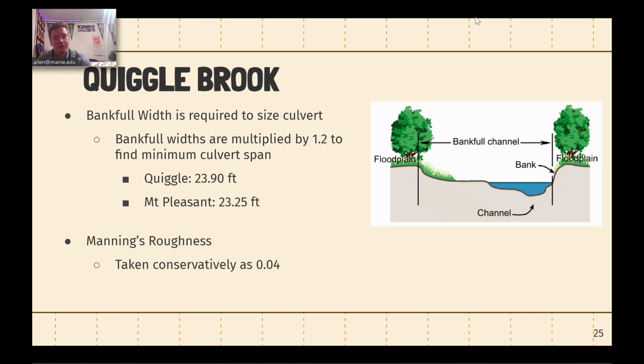It must be 1.2 times that of the bankfull width. For Quiggle culvert, this required 23.9 feet, and for Mount Pleasant, it required 23.25 feet of width. So both of our designs revolved around a 24-foot minimum culvert width.